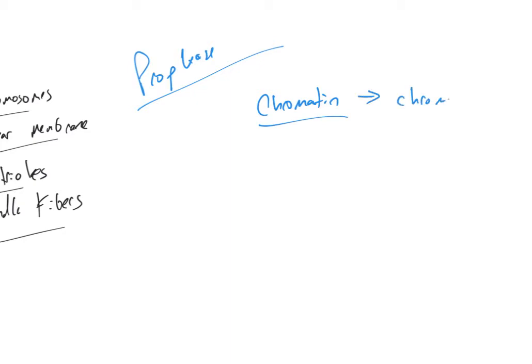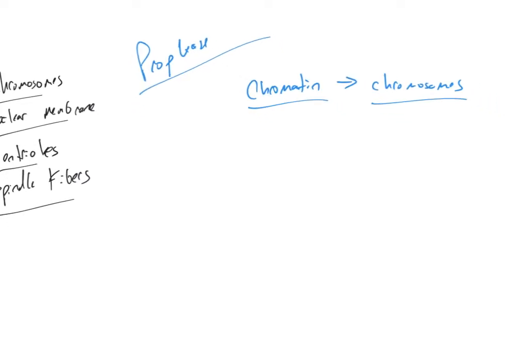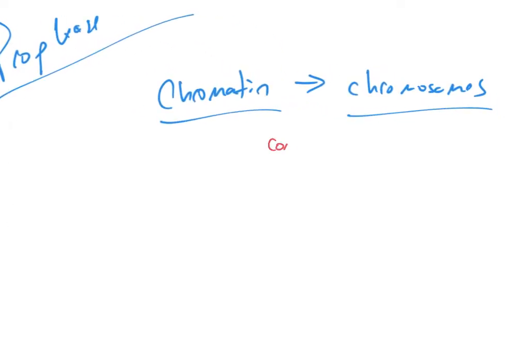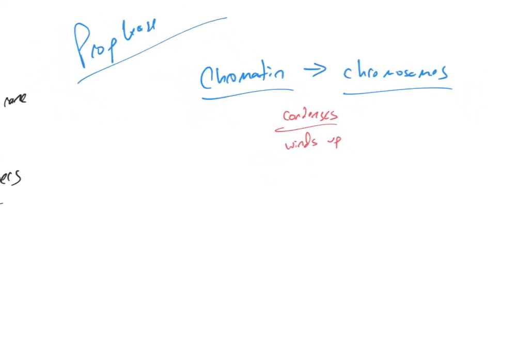You can use a few different words to describe this: they condense, chromatin condenses into chromosomes, or it simply winds up. It doesn't matter. The chromatin winds up into chromosomes during prophase.